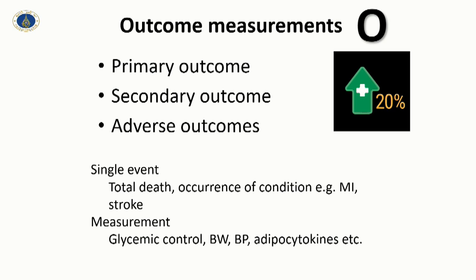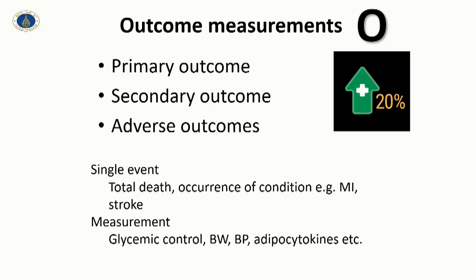And lastly, we're talking about outcome measurements. In terms of experimental design, basically we try to measure the primary outcome, maybe 1 or 2 primary outcomes, and you can have secondary outcomes. A secondary outcome is one where, if you can't find a result, that should be fine.